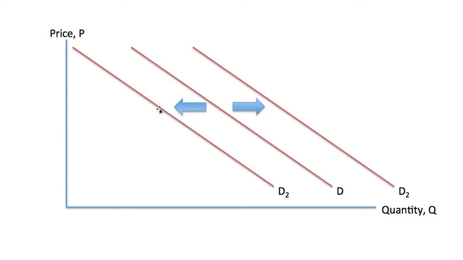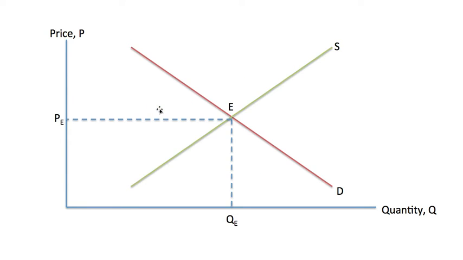So if we try to visualize it, if you remember from previously, the point of equilibrium is where the demand and supply curves meet, and here we have at the point of equilibrium a price and the quantity. So suppose now there is a change in demand and there's an increase in demand.